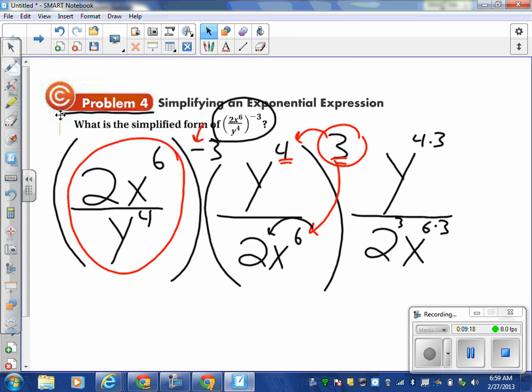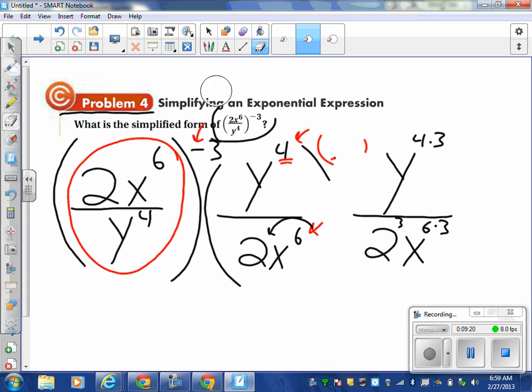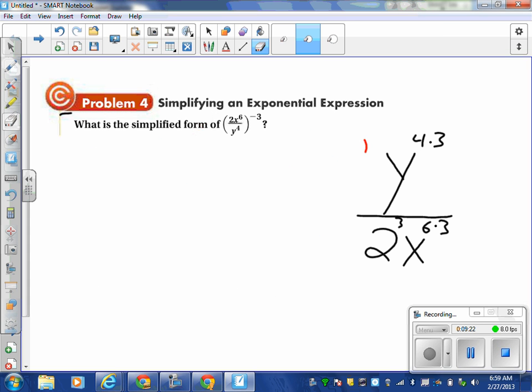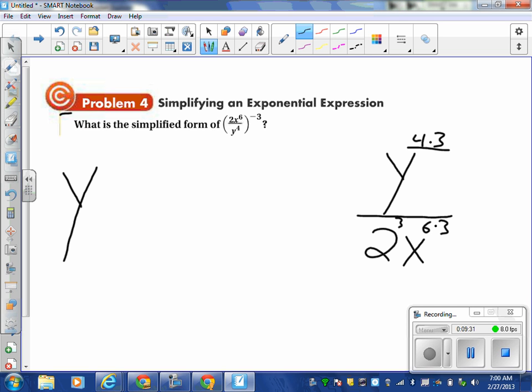Let me just erase this information over here so we can put our final answer to this problem. I need to multiply 4 times 3, so that becomes y to the 12th power over 2 to the 3rd power, which again is 2 raised to the 3rd power, or 2 times 2 times 2. 2 times 2 is 4. 4 times 2 is 8.